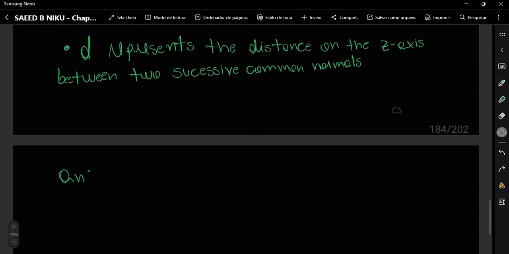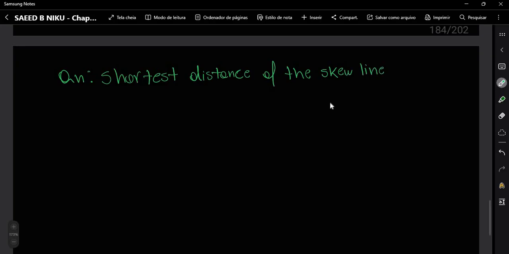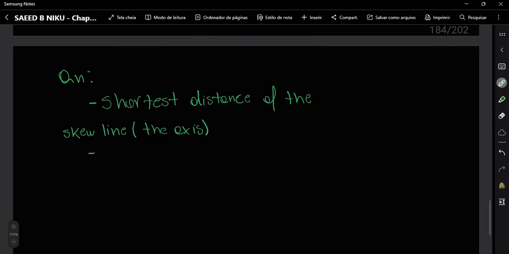It is the length of the link, the shortest distance of the skew lines, and I will put between parentheses axis. And also the length of one link.